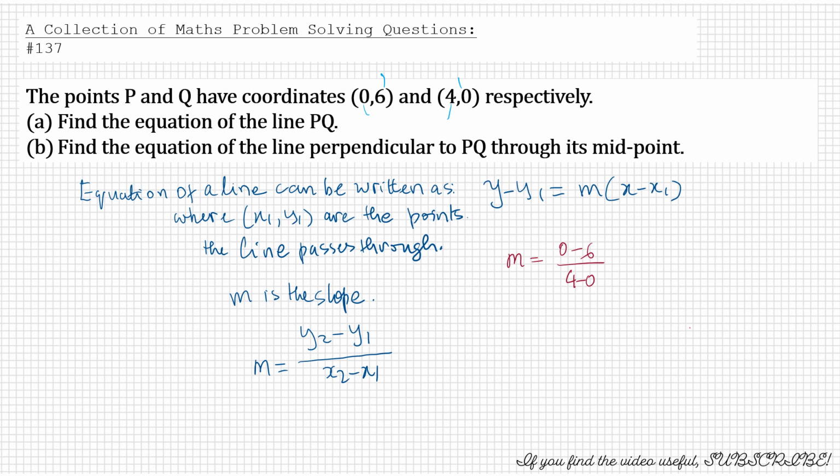If you had it the other way around, it would still be 6 out of minus 4, or minus 6 out of 4.